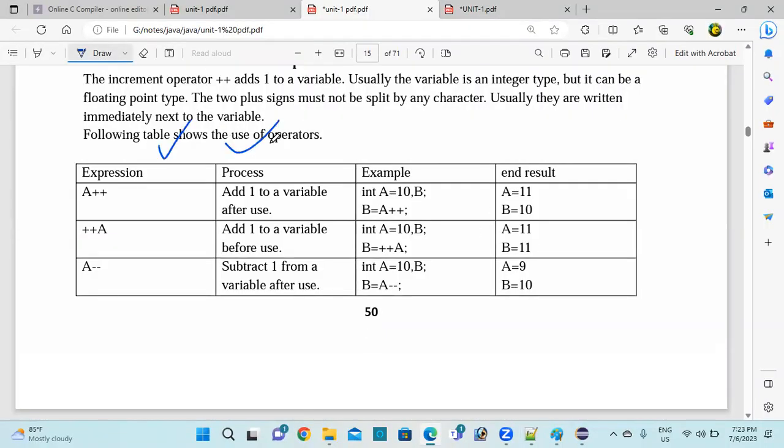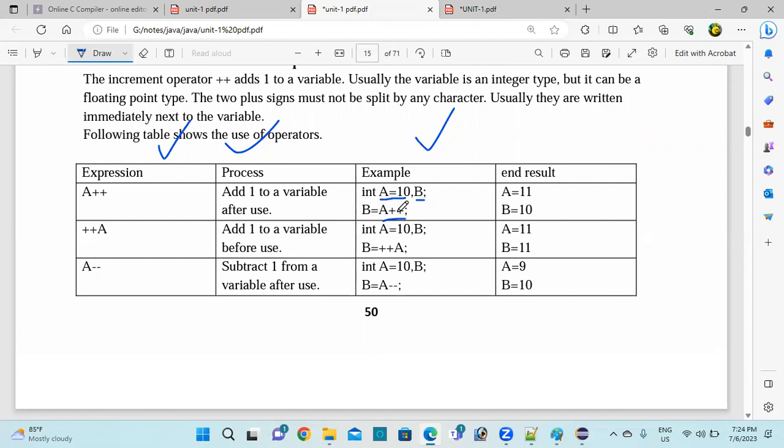This is the first method. The second method is like this. Here two variables: a equals to 10, b equals a plus plus. Here the plus plus operator is after the operand a. Here before, you wrote plus plus. It means post increment.